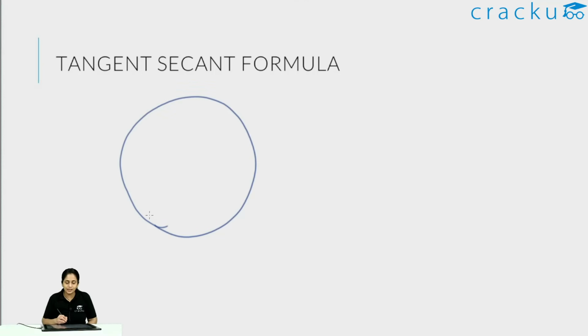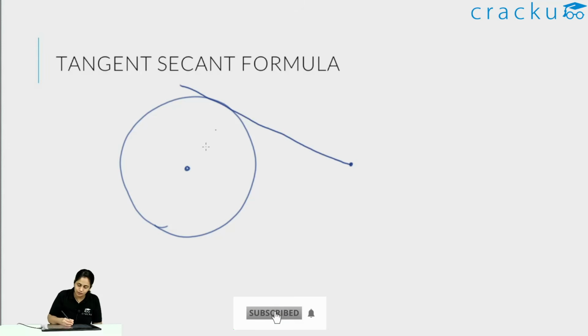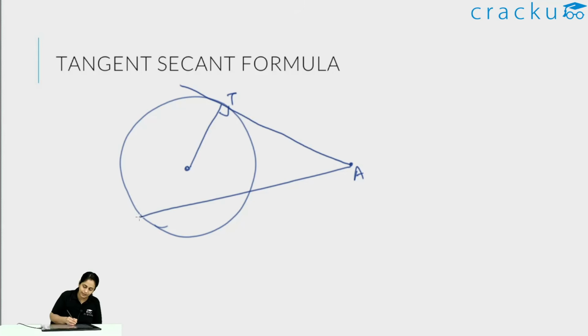A tangent secant formula basically means that if you draw a tangent from an external point, say an external point A, to a circle, suppose this is the tangent at T, so this is AT. If you draw a secant from point A, secant basically means that it cuts through 2 points on the circle and forms a chord.